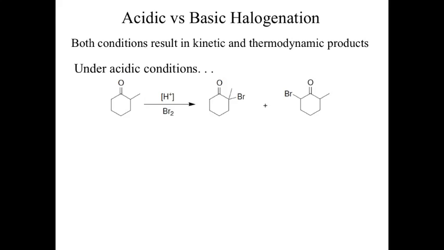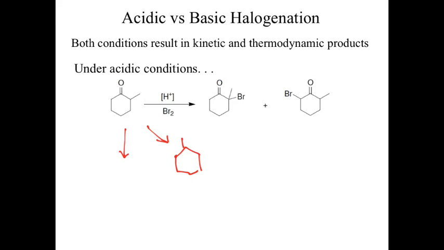If we run under acidic conditions, we do end up seeing both of these products. Now the question becomes, with two possible products, one of them has to be the major. So which one is the major? That's a little bit trickier. This is why we talked about our kinetic versus our thermodynamic, and we look at our two possible enols that can come out of this.